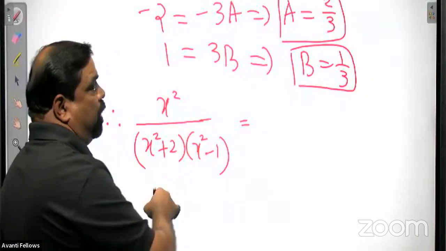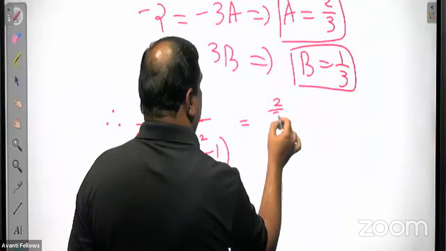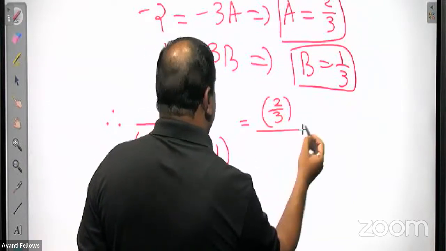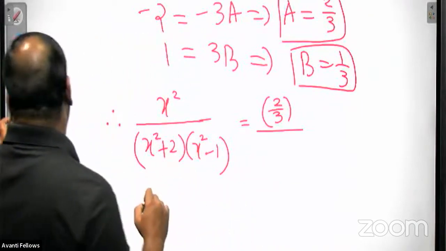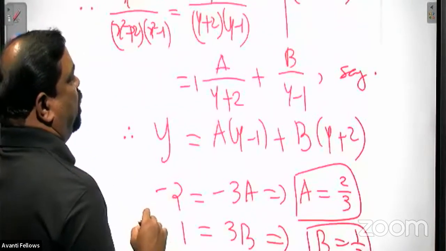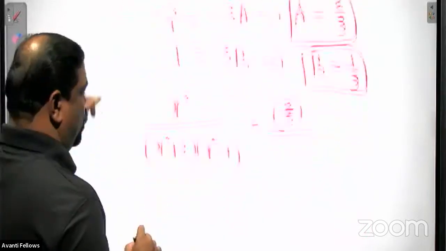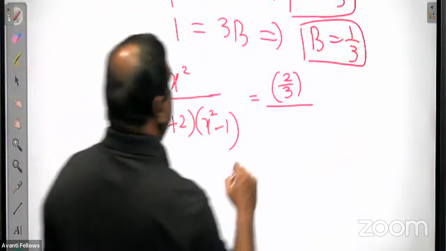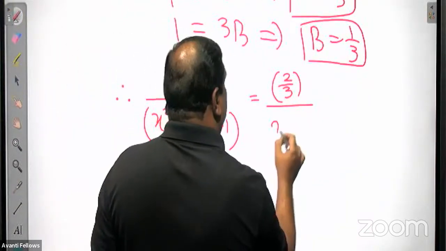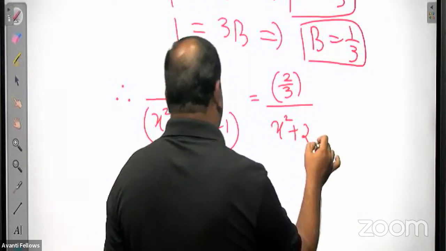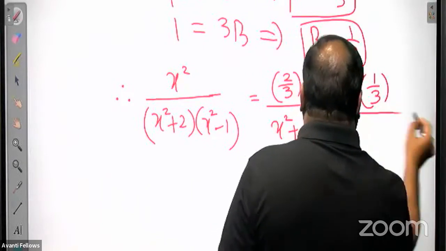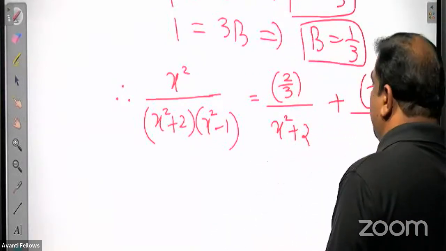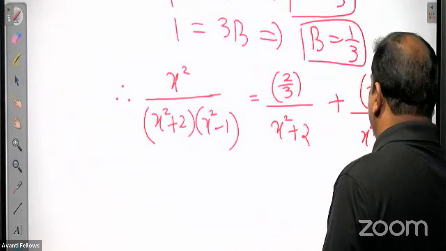A means 2 by 3, A divided by (y plus 2). You see the partial fraction, how we have written A by (y plus 2). A by (y plus 2) means 2 by 3 divided by (x square plus 2), plus B means 1 by 3, so 1 by 3 divided by (y minus 1). Y minus 1 means x square minus 1.